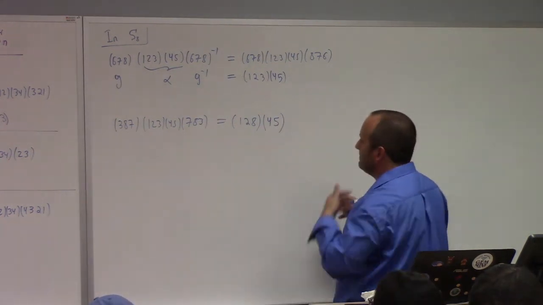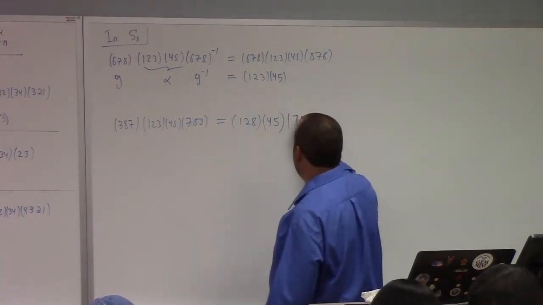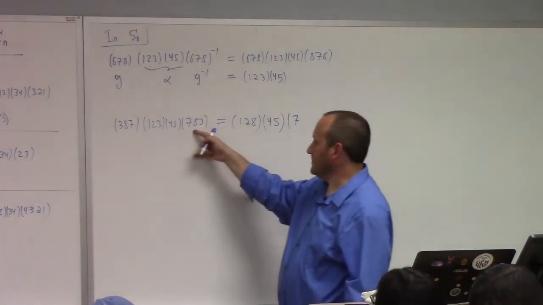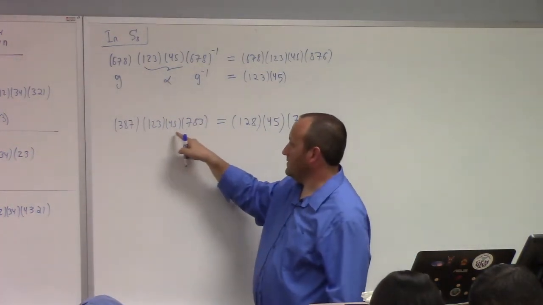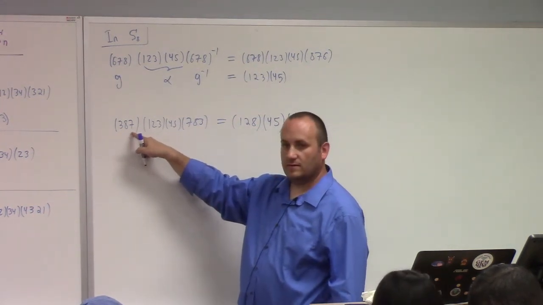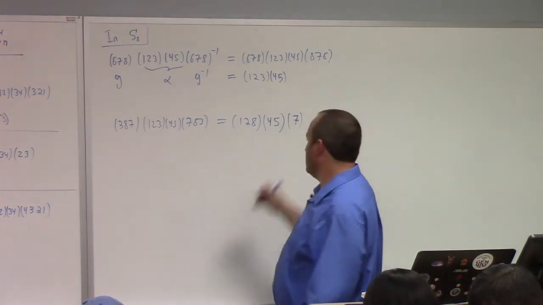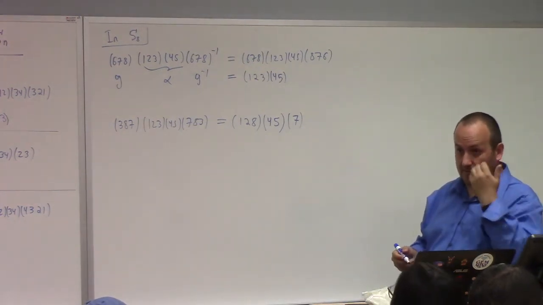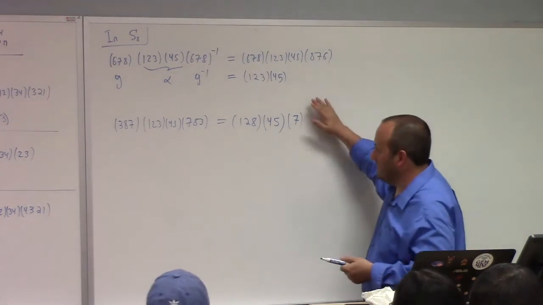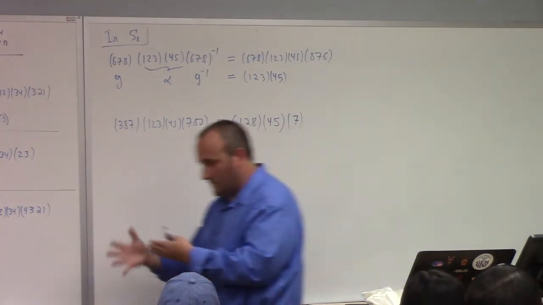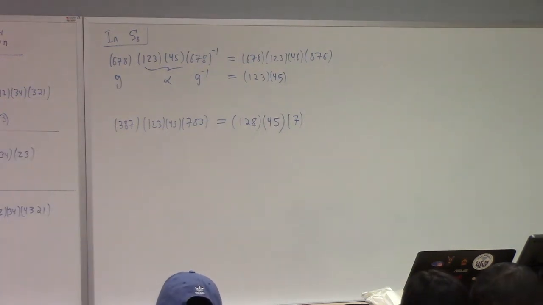What about 7? 7 goes to 8. 8 goes to 7. Is there anything else at play here? The other numbers are clearly fixed, right? But this is a better example, because you can see again that conjugation preserves what?